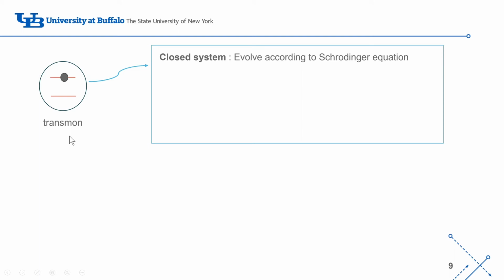Let's think about the transmon as a system. If our transmon is not connected or coupled with the outside environment, then we can think of it as a closed system, which means that it evolves according to the Schrodinger equation and we can solve it.